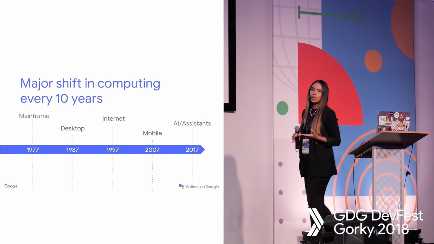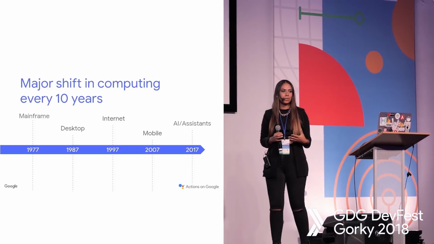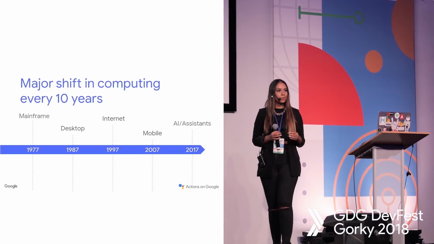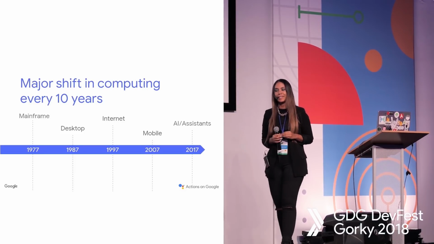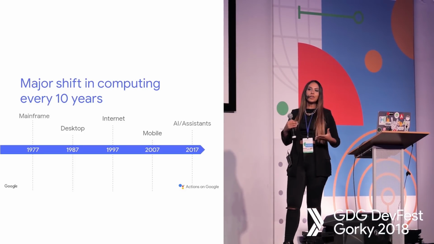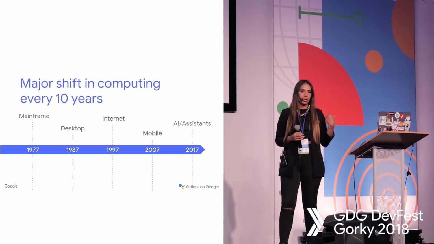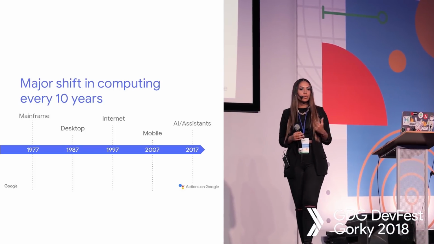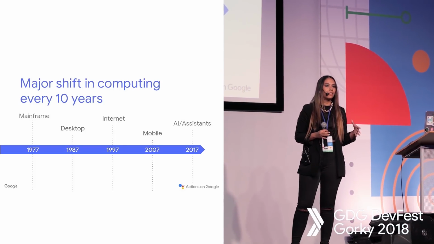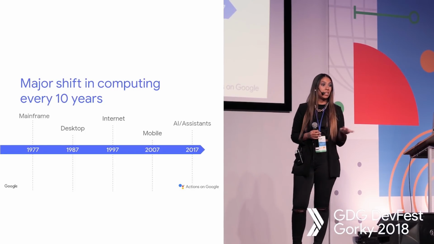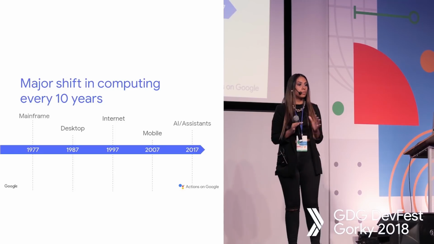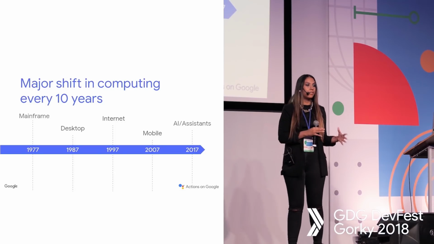So first of all, I would like to introduce you to why right now voice and AI is such a hot topic. If you've been watching the trends before, it was everything about mobile first, right? A few years ago, especially at Google I/O, everything was mobile first. Think mobile first.